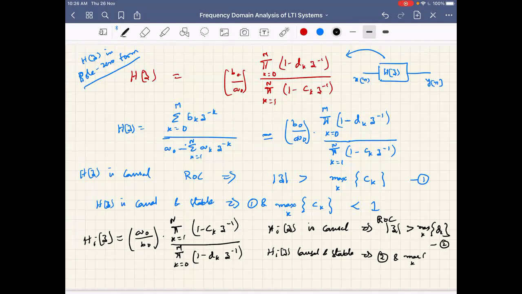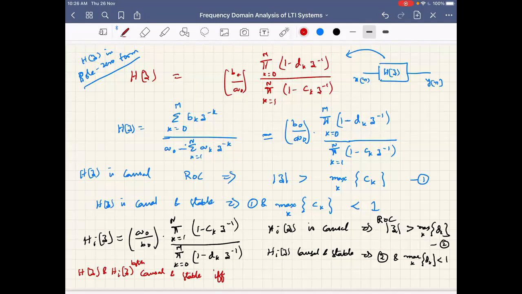The maximum of dk has to be less than 1. So in a sense, if you wish to say H of z and Hi of z both are to be causal and stable, if and only if what?